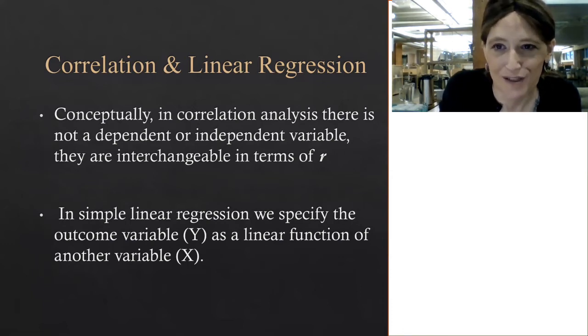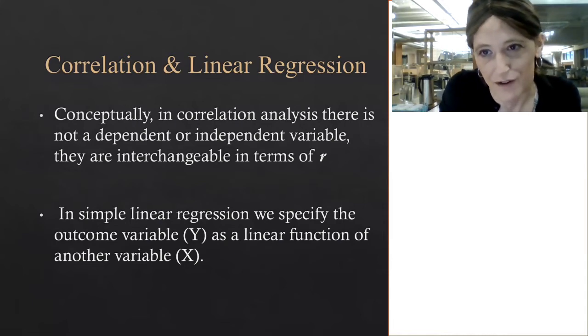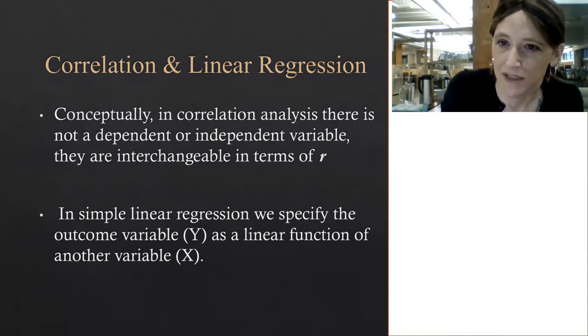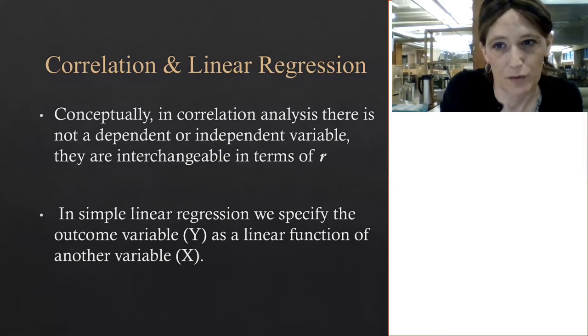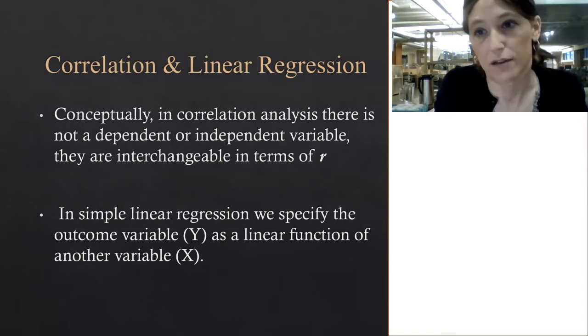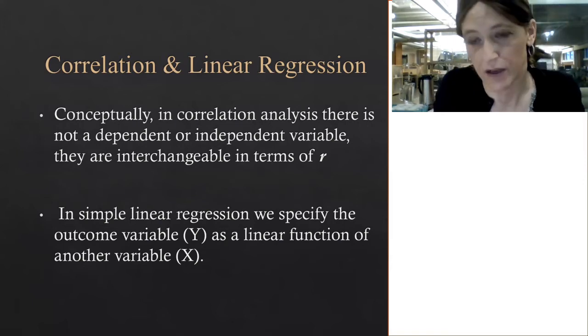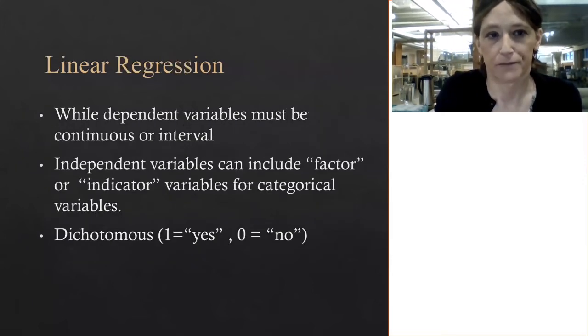So even though one is not proving causality, we are conceptually saying these are the things that predict the outcome. It's a subtle difference, but in correlation, we're not making any claims about potential direction in terms of cause and effect. In a linear regression model, you should be thinking about it as things that would cause the outcome or predict the outcome of interest.